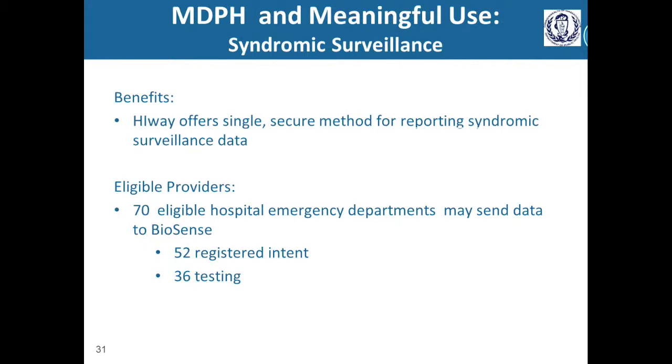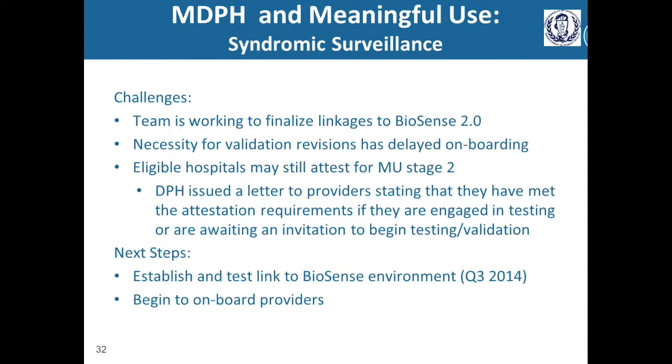And my understanding is that BioSense only holds data from hospital emergency departments, and because we're using BioSense, that's what we're limited to. The challenges have been very similar in terms of trying to finalize linkages between the different systems.